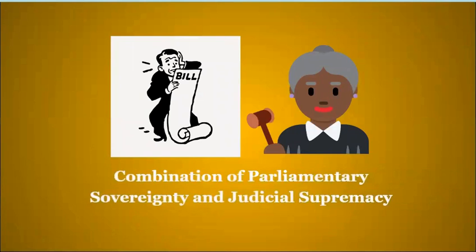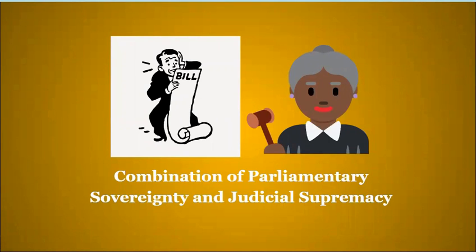Combination of parliamentary sovereignty and judicial supremacy. The doctrine of sovereignty of Parliament is inspired by the British Parliament, and the principle of judicial supremacy is from the American Supreme Court.